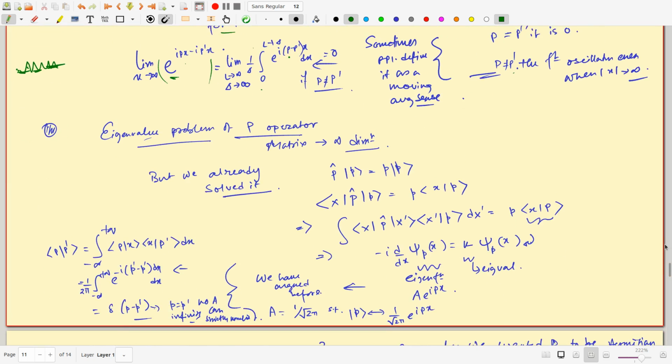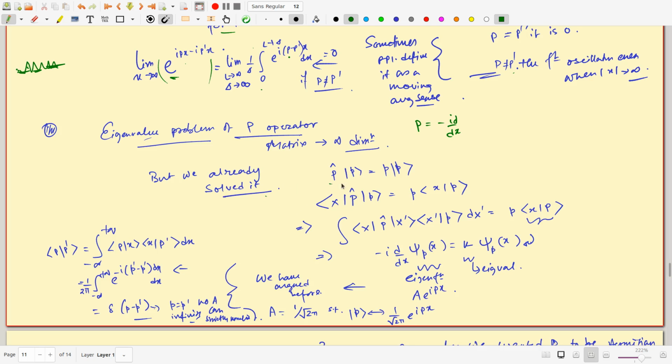Okay, so now we want to understand a little bit more about the eigenvalue problem of this p operator. As we defined, this p operator is basically minus i d/dx. We have actually already solved this problem earlier.